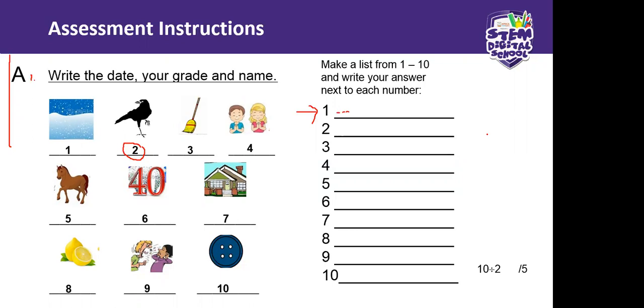But don't sit too long on a number. A good tip, I know you like tips. If you come across a number and you don't know immediately what it is, then you just skip that number and you go on to the next picture and do the next one.